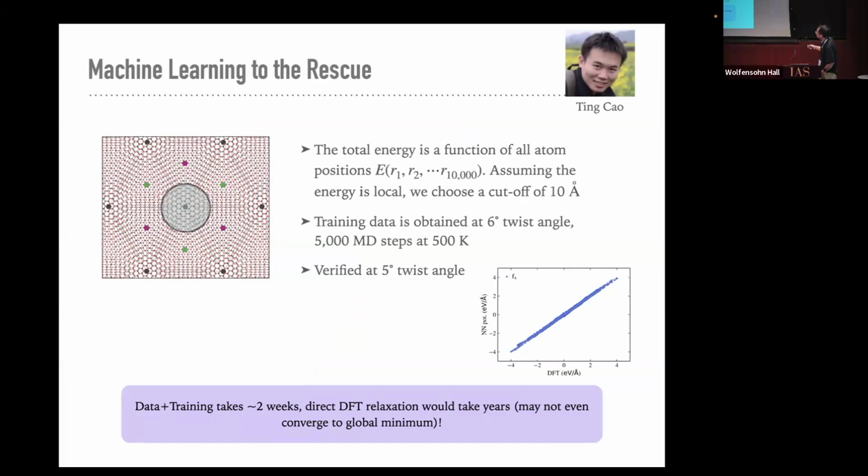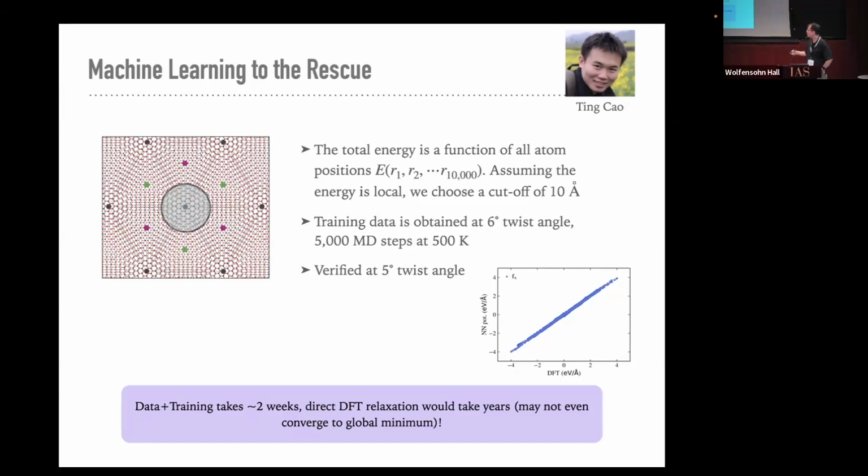So it's actually a really straightforward application of the neural network. If you think about it, the total energy is a function of all the atomic positions, right? But what we assume is that the energy is local. So we're going to drill a hole, say about 1 nanometer, and consider all the atomic positions inside of this. Then we can calculate the total energy at a larger twist angle, say 6 degrees, which can easily be done within 1 or 2 hours.